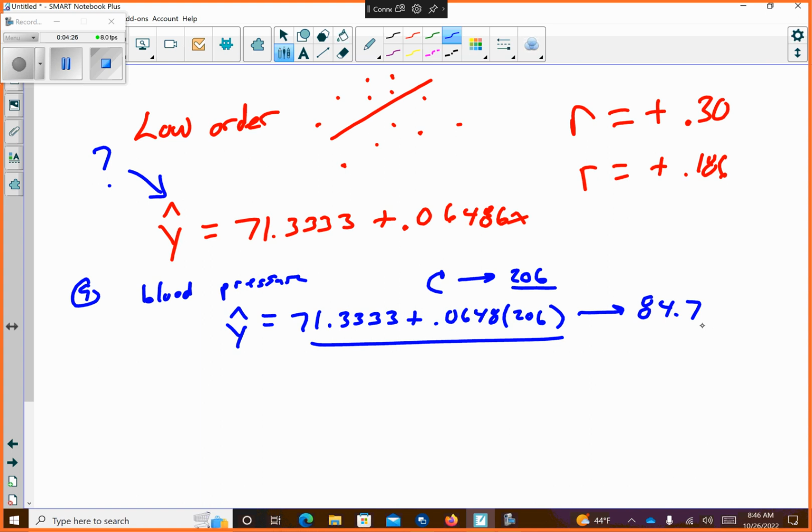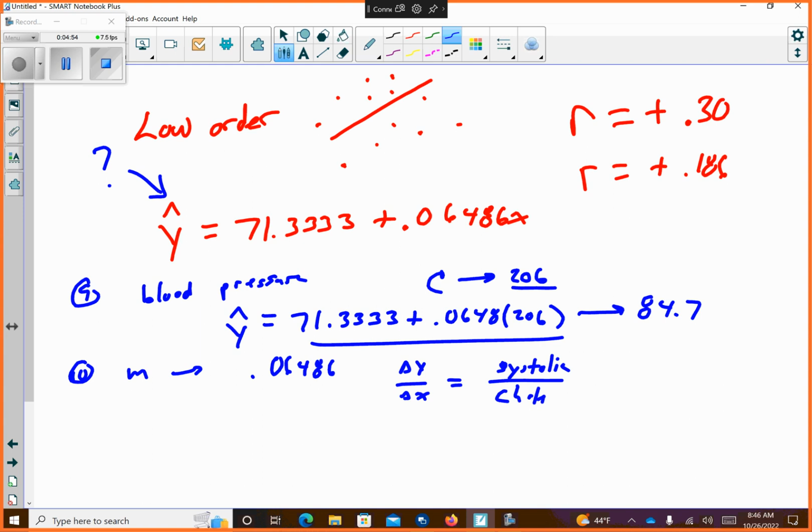Okay, interpret the slope. So the slope of this regression model, first off, my slope is 0.06486. And you have to remember, slope is the change in the y direction over the change in the x. So you talk about what's going on in the y direction. The y direction is systolic over cholesterol.